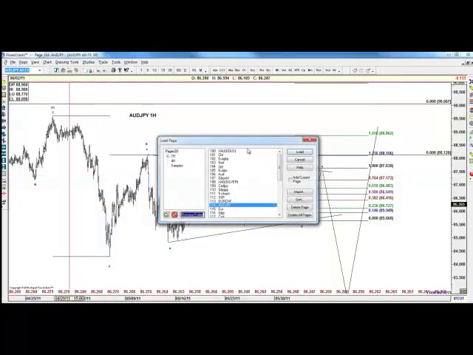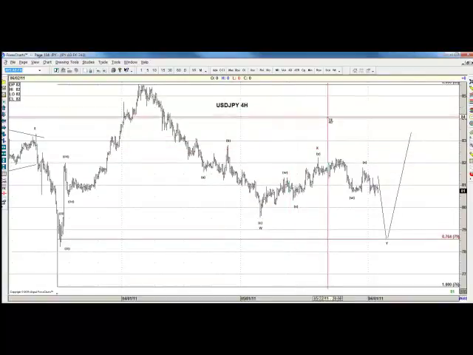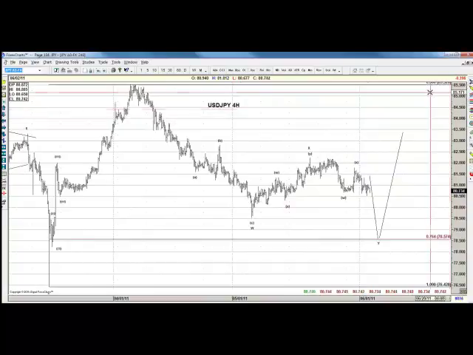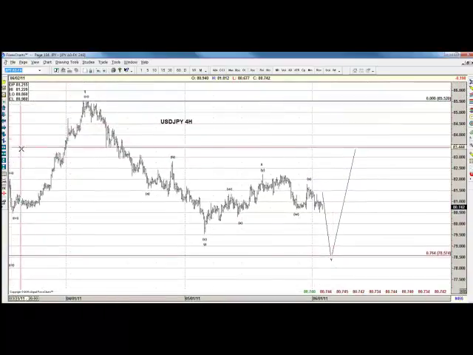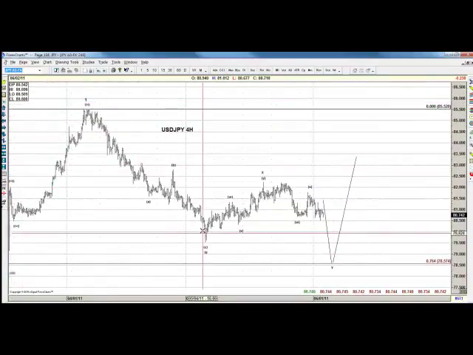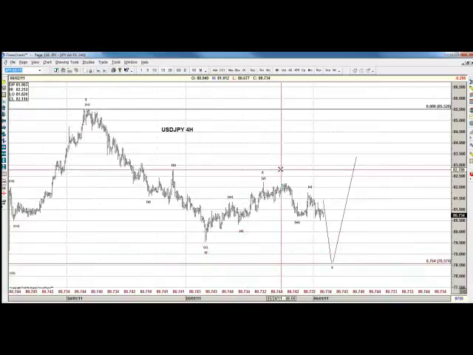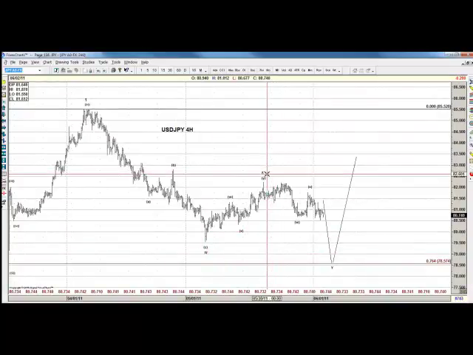Let me see. The dollar yen is a mess, guys. It's a complete mess, the dollar yen, to be honest with you. This is what we see in the 4 hour. In the 4 hour in the yens, what we see is the 3 ways down, the 3 ways back, but this looks very choppy.